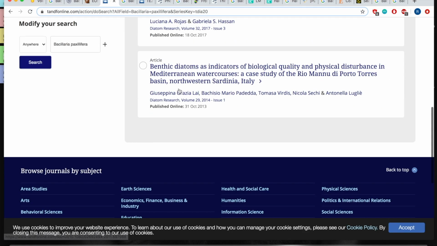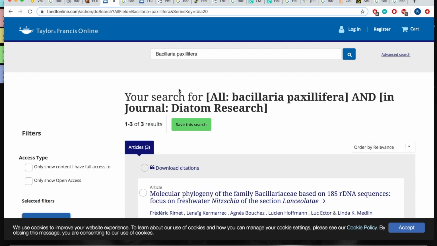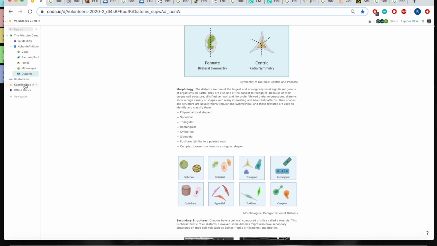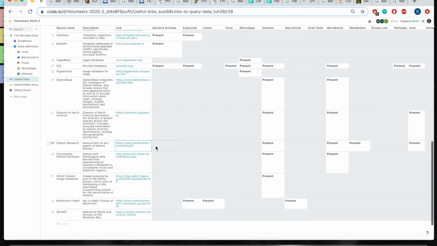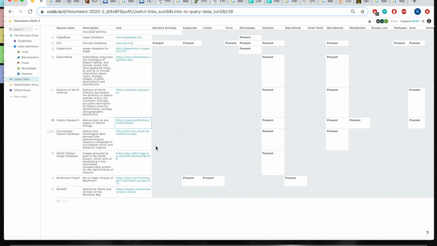I also like to open all of the useful links that are relevant to my species, and then just search the species over and over in each of the sources. Some of them were useful, some of them were not, and I kept the ones that were useful open.